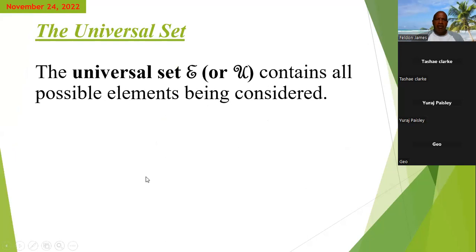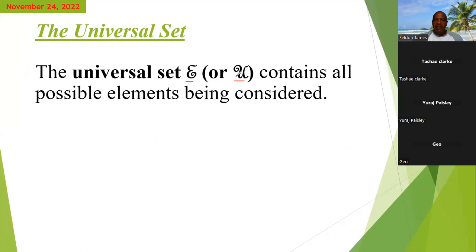So the universal set is denoted using these symbols, but I would now say that these symbols are classical symbols. That means they are old-time symbols, they are outdated. They are no longer the symbols that we use, especially in CSEC.